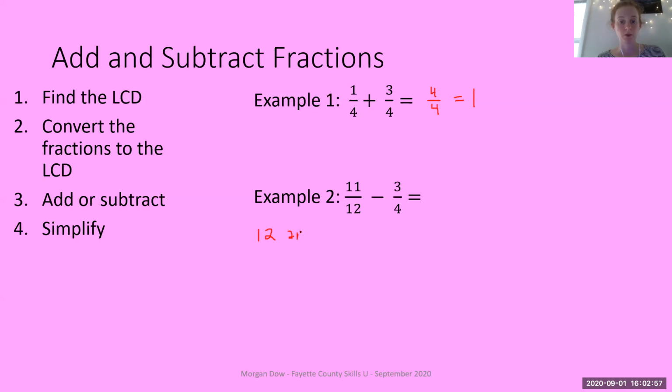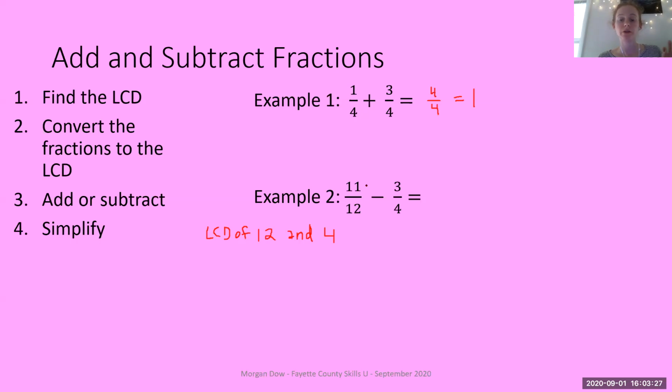And the least common multiple of 12 and 4 is 12. Right, if we think of multiples of 12, it'd be 12, 24, and so on. Multiples of 4 would be 4, 8, 12, 16, 20, 24, and so on. Right, the first multiple they have in common is 12. So the LCD of 12 and 4 is 12.